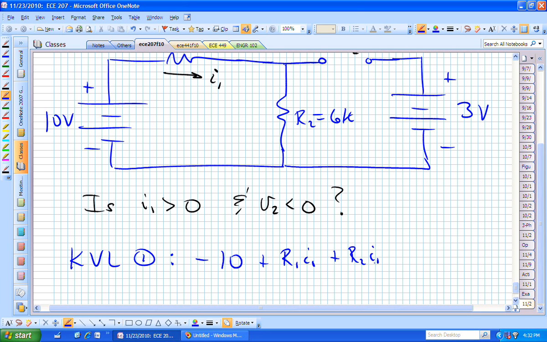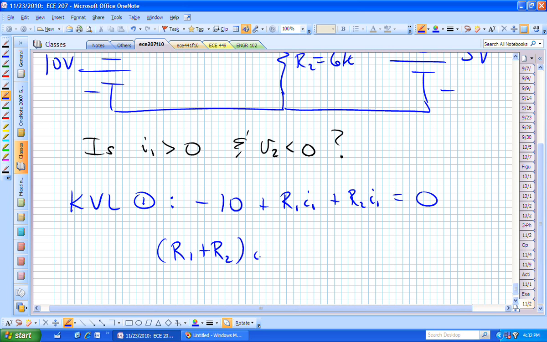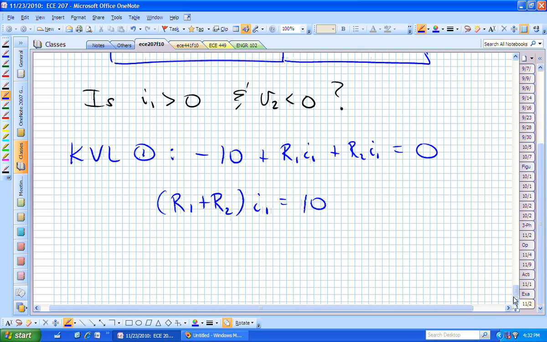It's only going to go down. And now I'm back to where I started, and so there's 0. This tells me that R1 plus R2 times I1 equals 10. And R1 plus R2, conveniently enough, was 4 plus 6, wasn't it?